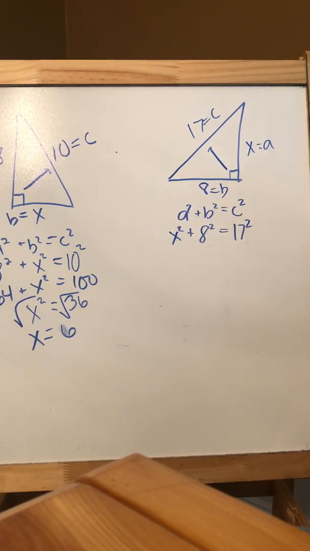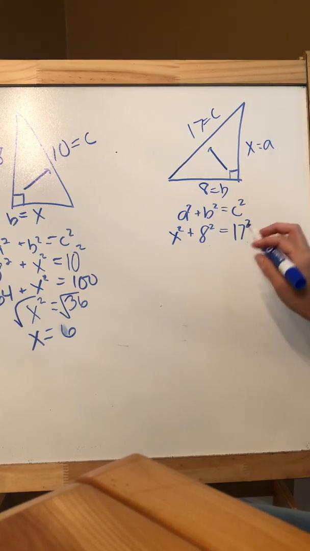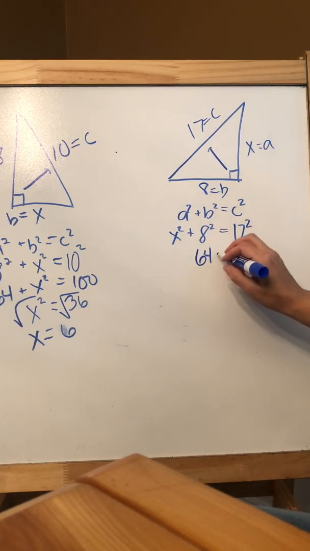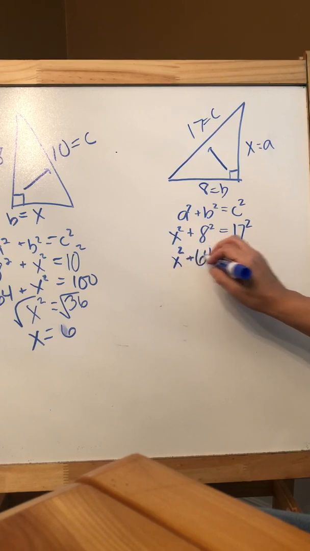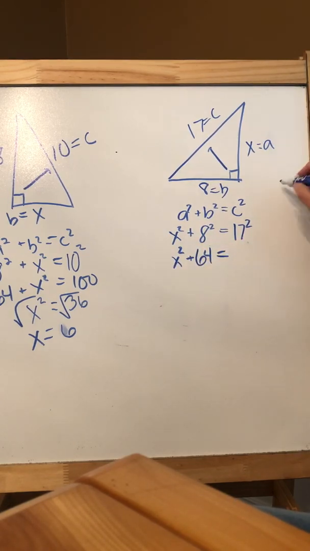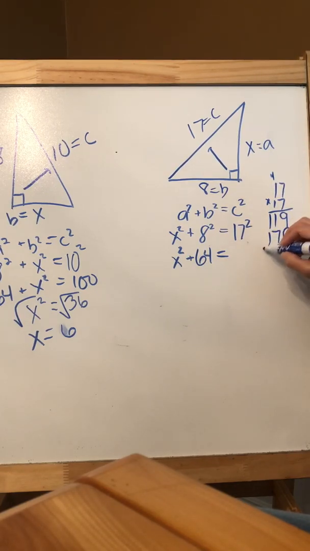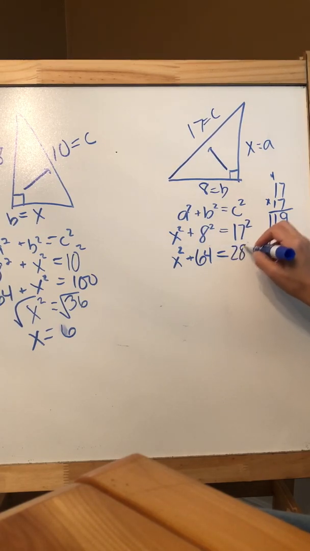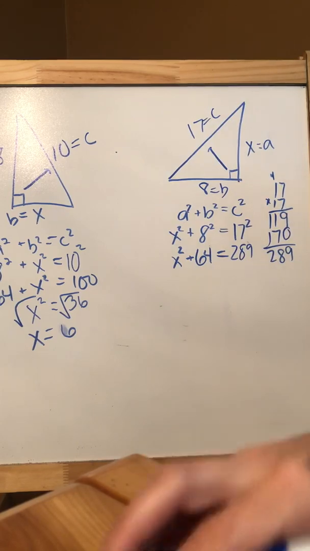There we go. Okay, well, let's do this one. I know that's 64. X squared plus 64 equals, let's do 17 times 17 here. 7 times 7, 49. Okay, 289. All right.